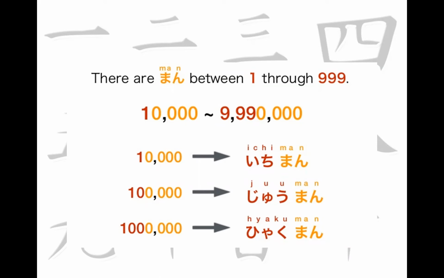Like in my example, ichimang is 10,000, and when you say jumang, it's like having ten 10,000 bills. And when we want to say 1 million, it's like having a hundred 10,000 bills. Got that? Wakarimashita ka? Hai, wakarimashita.